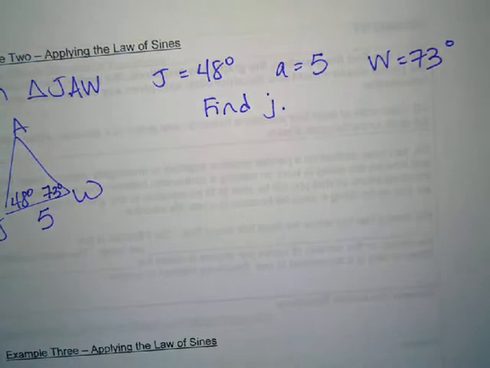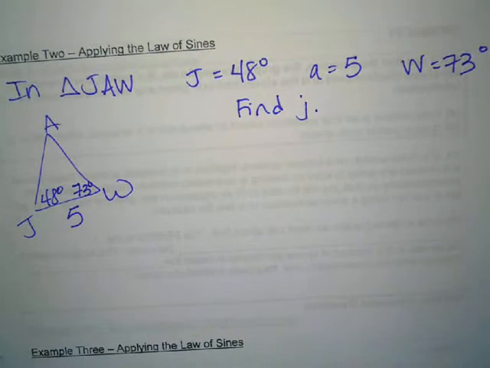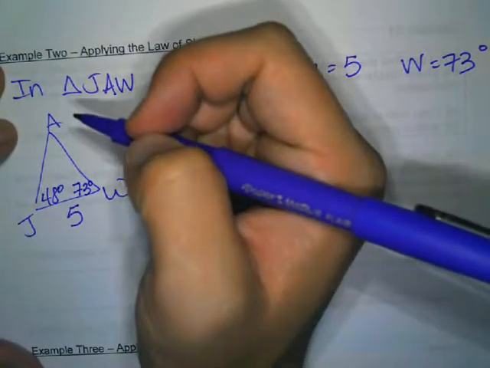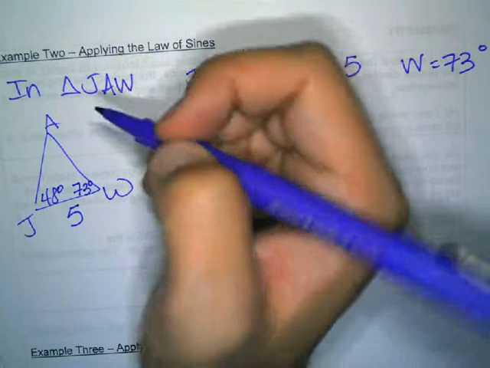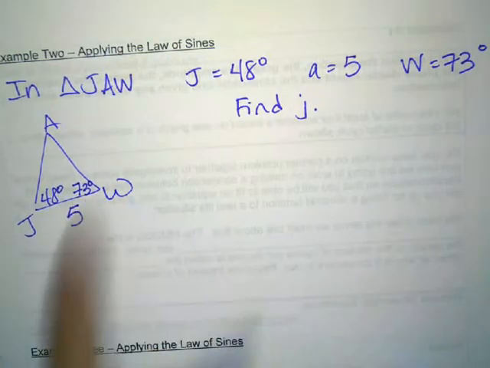Has anybody found my angle A yet? Angle A? 59? I'm looking for angle A, because we can add these up and take it away from 180. Okay, 59, good.